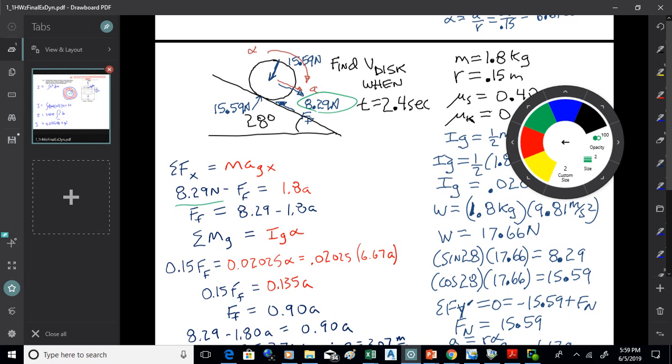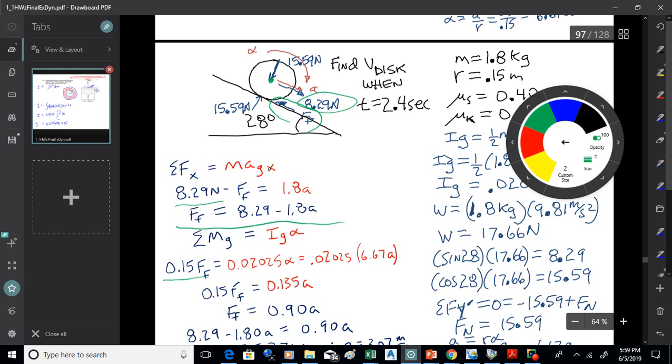So we have the component of the weight positive, the friction negative, and that's going to equal the mass, 1.8, times the unknown acceleration. So what I do with that is I solve it for the force of friction and get that expression. Then I can run my second equation, sum of M_G. I'm going to take moments about the center of gravity, the middle of the disk. What's going to cause the moment there is the radius of the disk times the force of friction.